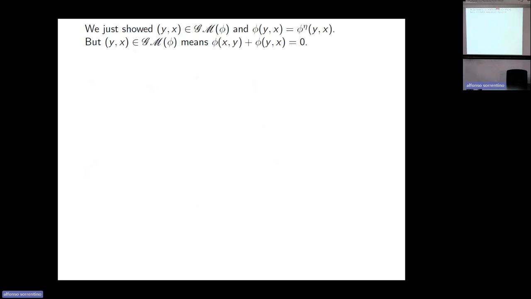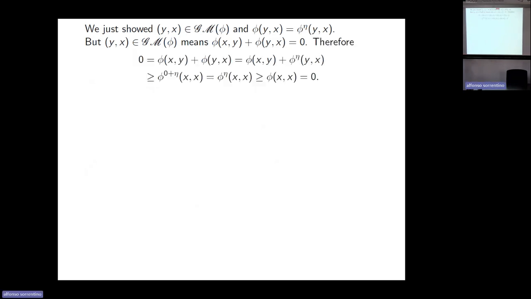But y x in the graph of the Mather relation means that phi(x y) plus phi(y x) is equal to 0. So now we get 0 is phi(y x) plus phi(x y) plus phi(y x). But we showed that phi(y x) is phi eta of y x.